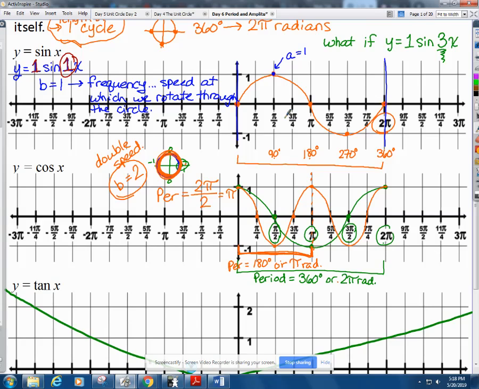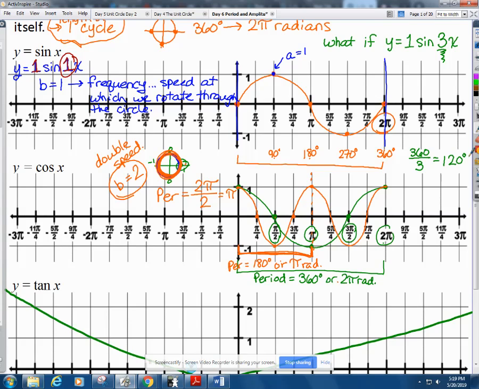It's easier with degrees. So 360 degrees, if I split that up by 3, so we take our period in degrees, is 360 divided by 3. That means I have to end every 120 degrees.